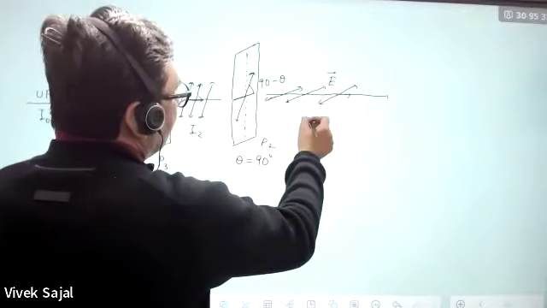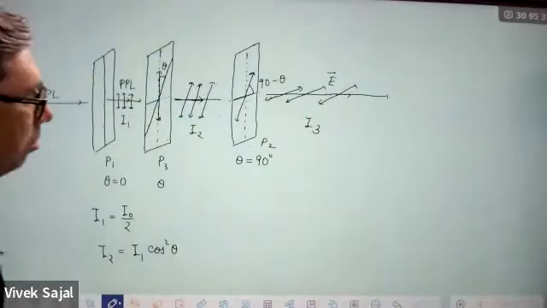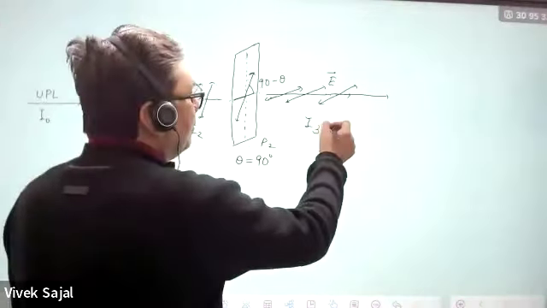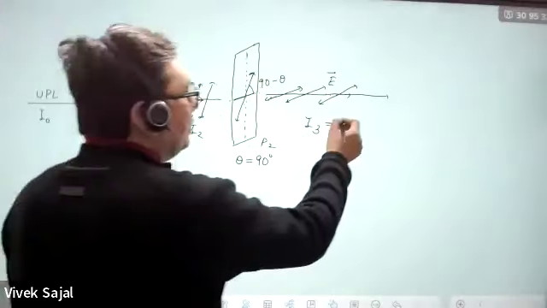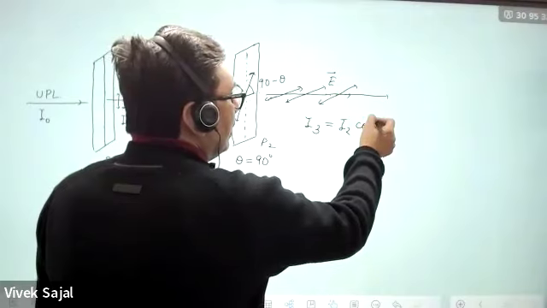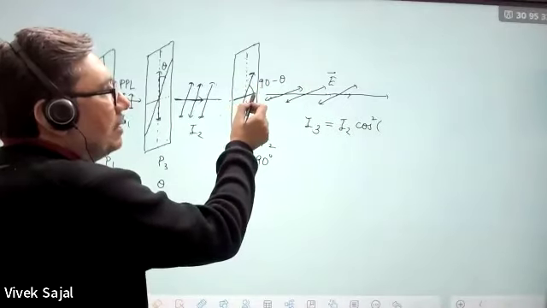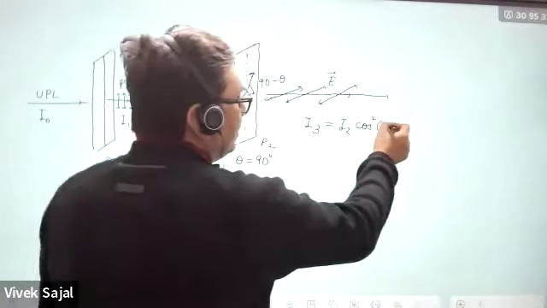And what will be the intensity? That will be I3. What will be I3? I3 will be the incident intensity I2 times cos square of the angle between the electric vector and the path axis, that is 90 minus theta.